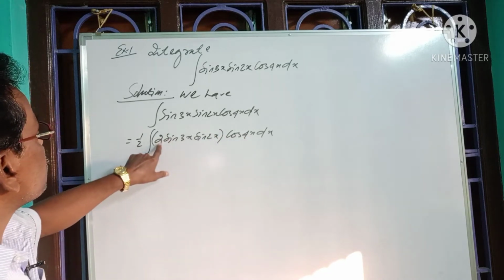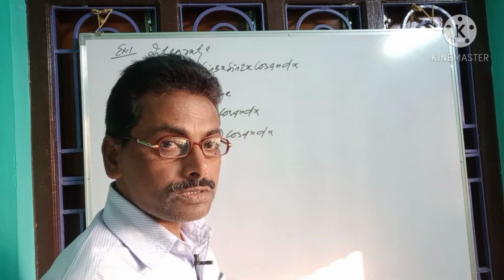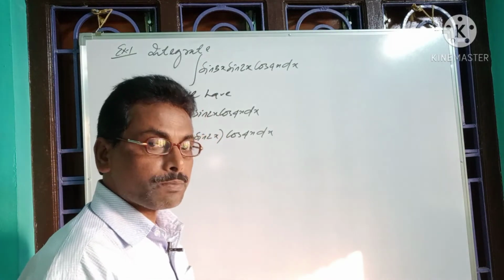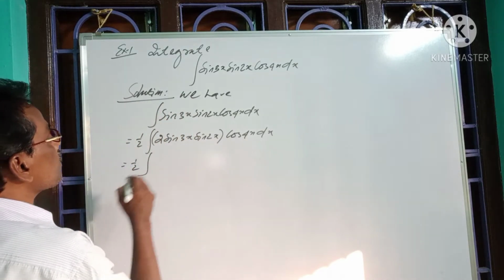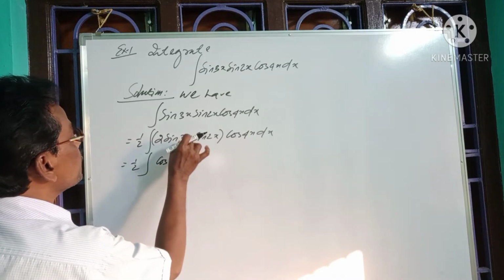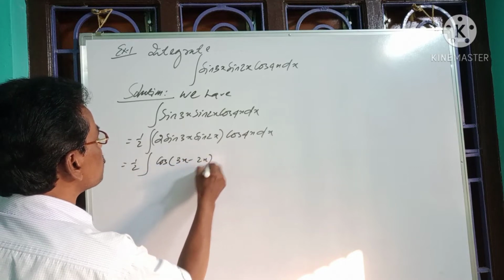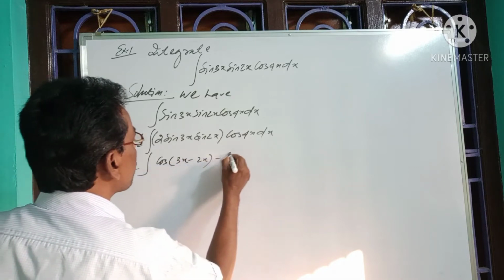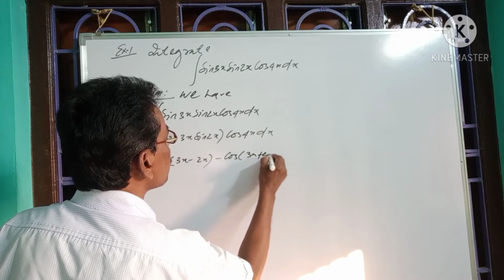So now we got 2 sin a into sin b, but 2 sin a into sin b is equal to cos of a minus b minus cos of a plus b. So we have half into the integration of cos of a minus b, here a is 3x, b is 2x, so we have cos of a minus b, that is cos of 3x minus 2x, minus cos of a plus b, that is 3x plus 2x.